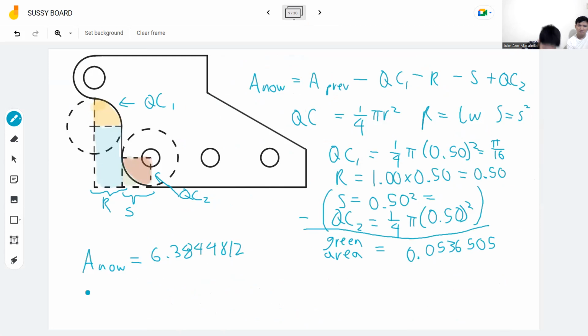So the area now is equal to 6.3844812 minus pi over 16, minus 0.50, and then still minus, since this is the green area, I will just subtract the green area.